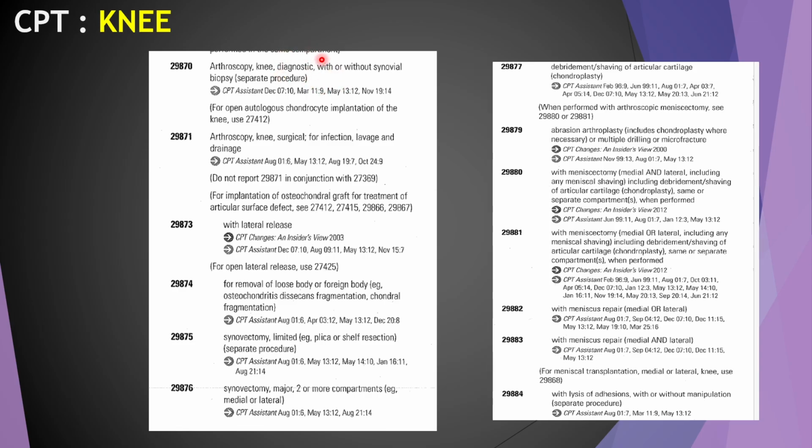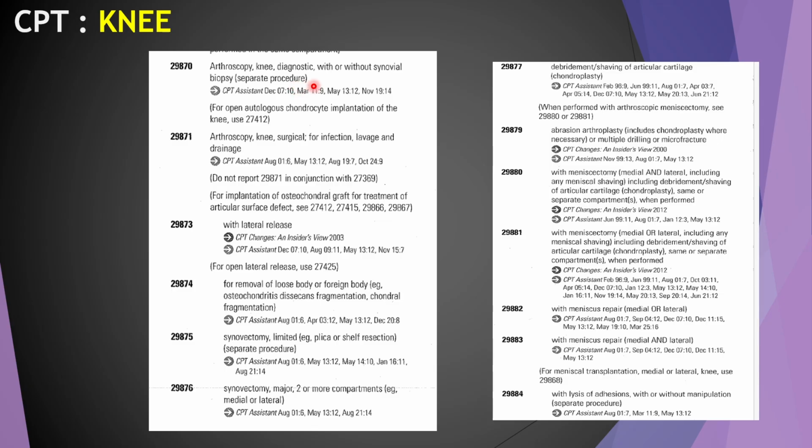So why is this procedure done? Because of knee pain. If a patient has knee pain, synovitis or inflammation in the synovium, some ligament injury, or some cartilage damage, the physician will do the arthroscopy.